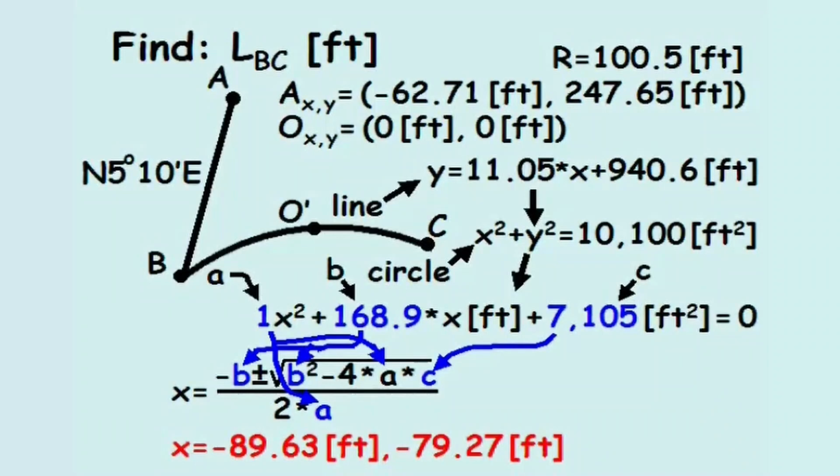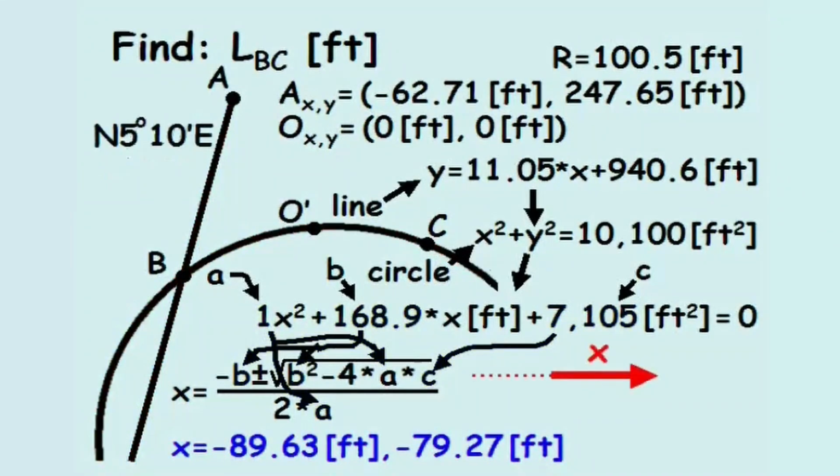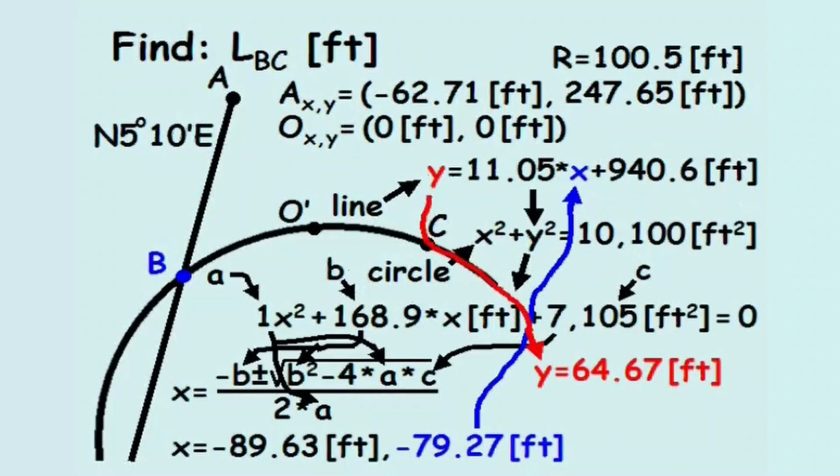These two x values represent the two x coordinates corresponding to the intersection of line AB and the circle which contains arc BC. From our coordinate system, x increases as we move from left to right. Therefore, the larger value of x represents the coordinate of point B. Substituting negative 79.27 feet in for x, the y-coordinate of point B equals 64.67 feet.